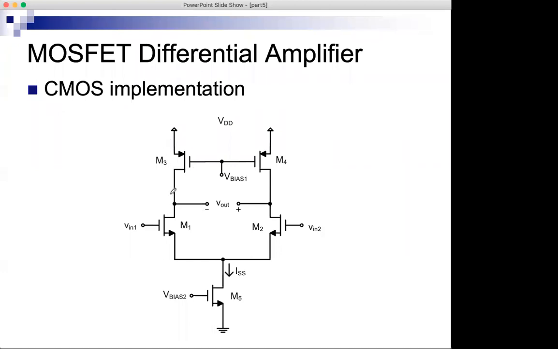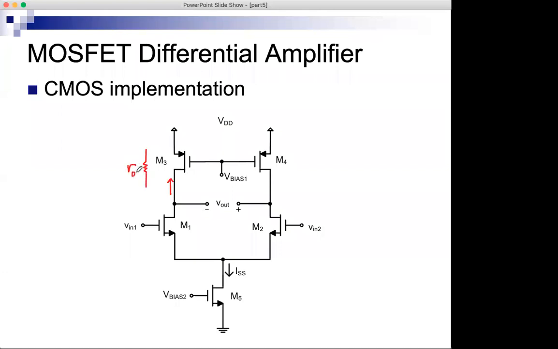So for M1, if we're looking into this drain of M3, what I will have is a MOSFET with gate at a DC level and source at a DC level. So no signal here, no signal here, and I'm looking into its drain. And we know from our previous rules that when I look into the drain of a MOSFET with no signal at the gate and no signal at the source, I see the small RO of this MOSFET.